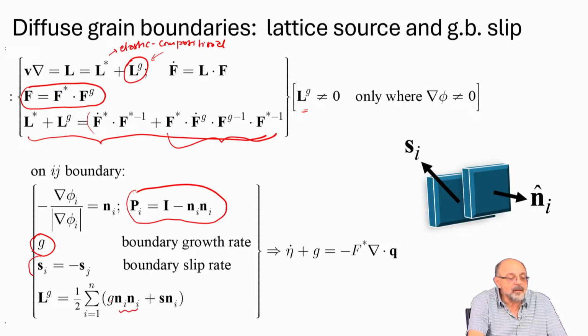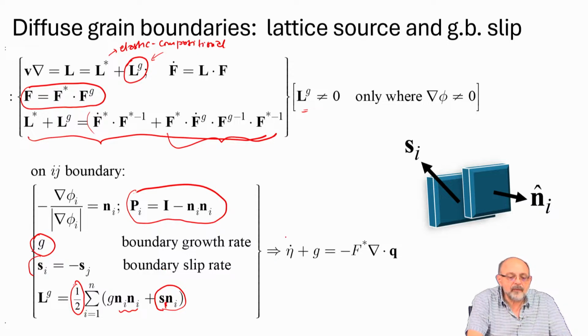That's a dyadic for boundary growth, and my slip vector, my shear strain at the boundary, at the thin layer, will be S dot Ni, and this should be, sorry, Si. There is an error here, I'll have to correct it. Si Ni. And I am putting 1/2 here because I'm counting all the grains, so each one of those is counted twice, right? So 1/2.